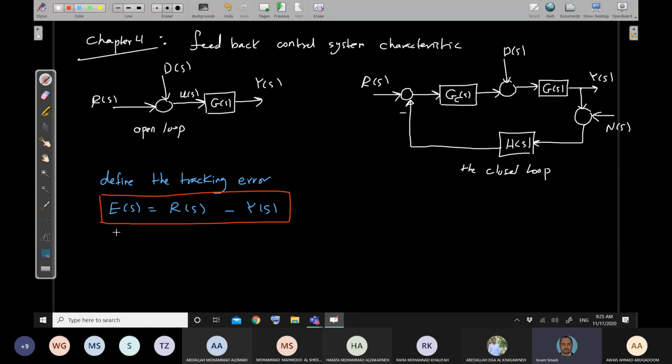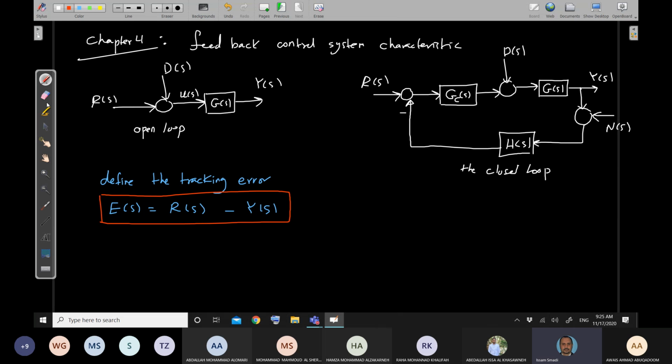In the end of the day, I need my controller to force the system such that the output obeys, or follows, or tracks the command signal, correct? So whether I'm discussing open loop or closed loop, it will be the same. Yes or no? Yeah, it will be the same.